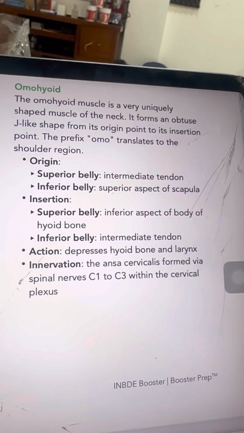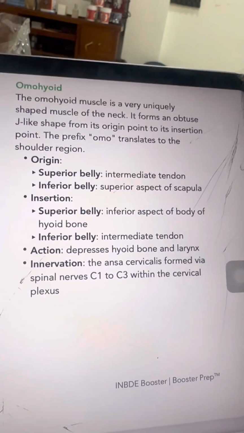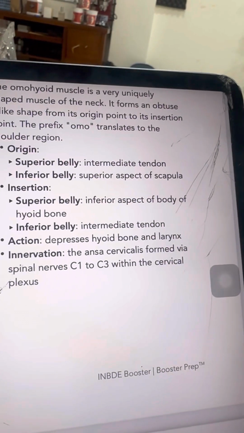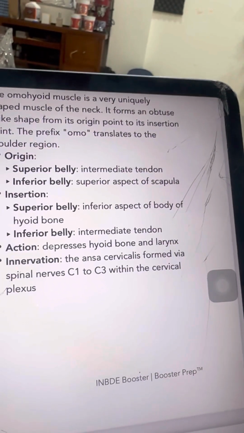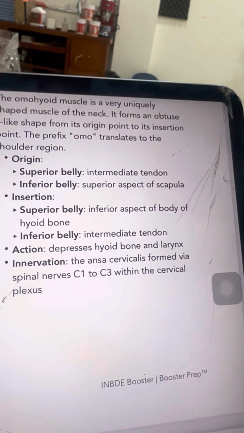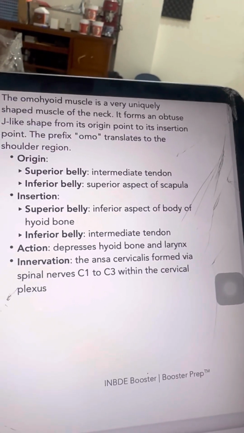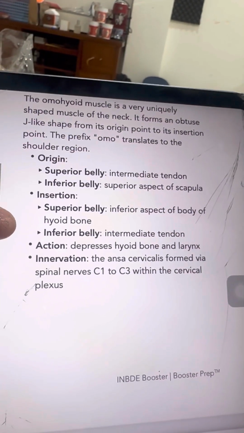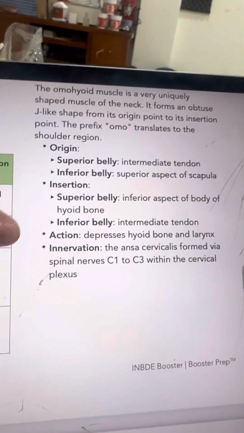Insertion: superior belly, inferior aspect of body of hyoid bone. Both bellies are joined by an intermediate tendon. Action: depresses hyoid bone and larynx. Innervation: ansa cervicalis formed via spinal nerves C1 to C3 within the cervical plexus.